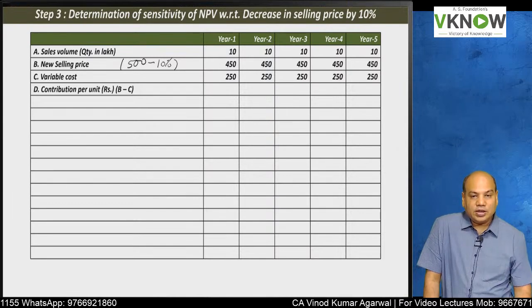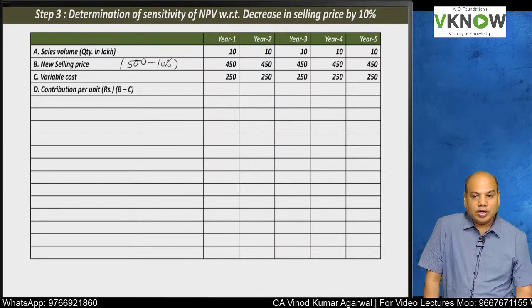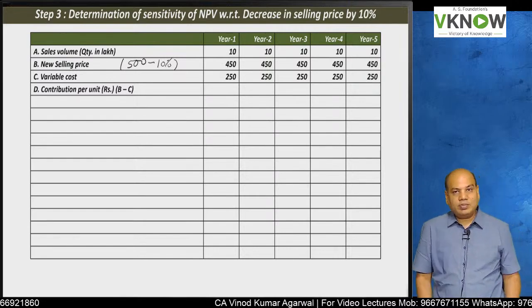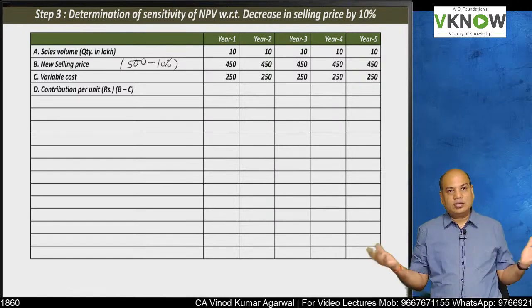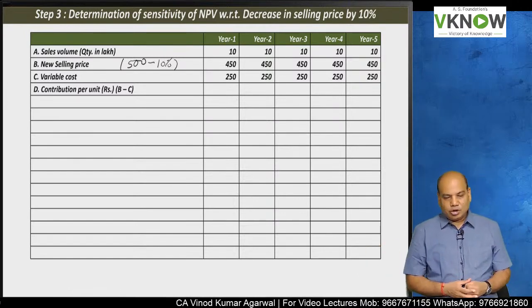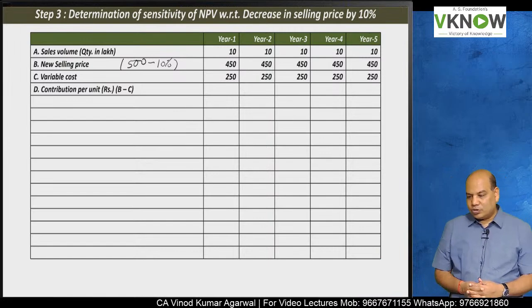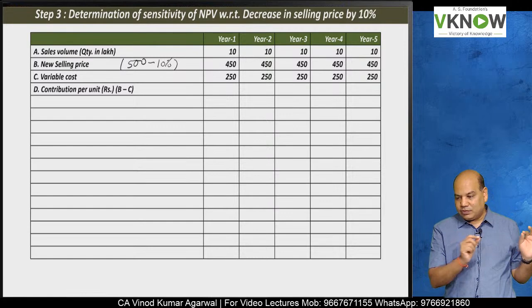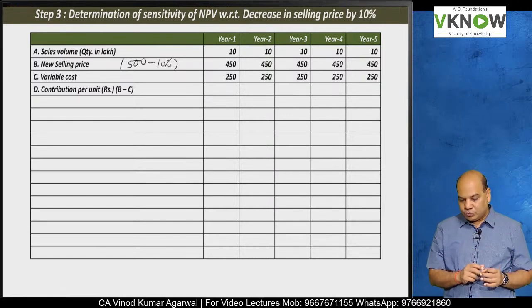Variable cost may not change. Variable cost is material, labor. Why will they change if you have to reduce your selling price because of fall in demand or increase in competition or any government policy or anything? So we are assuming variable cost will be same as per previous question. 250.